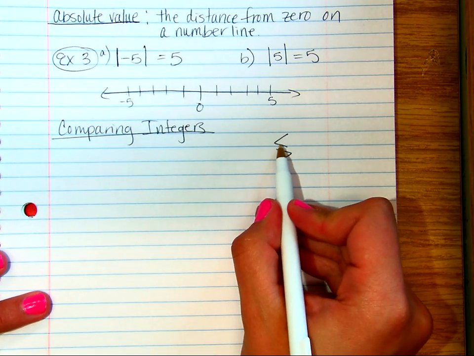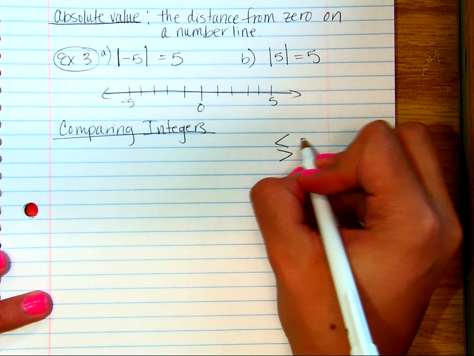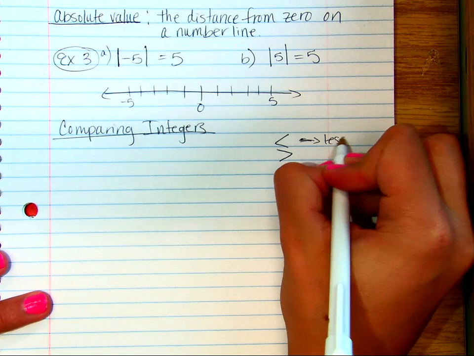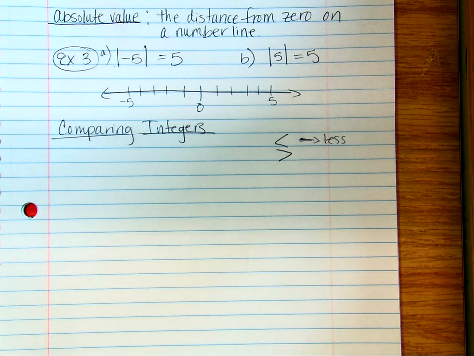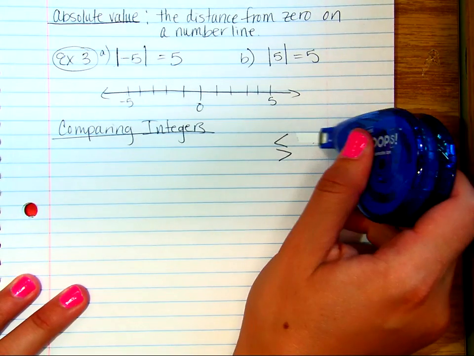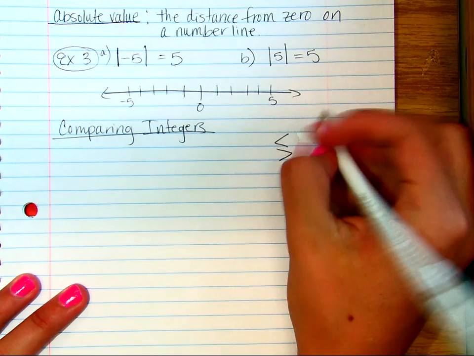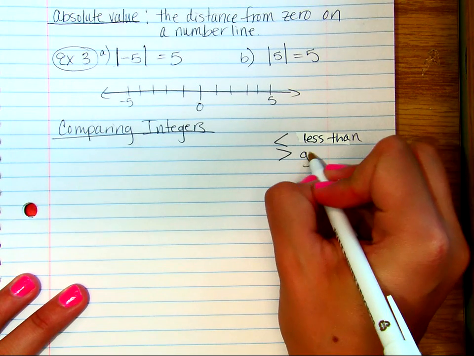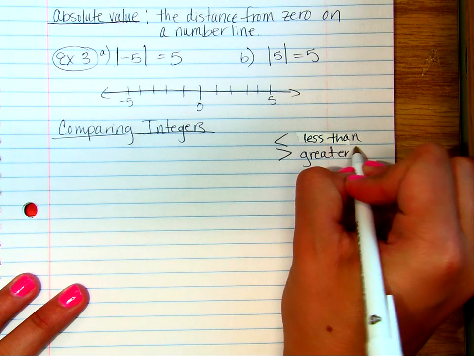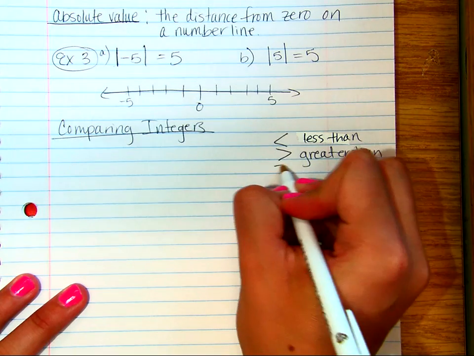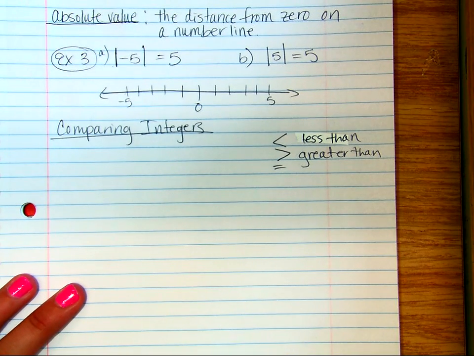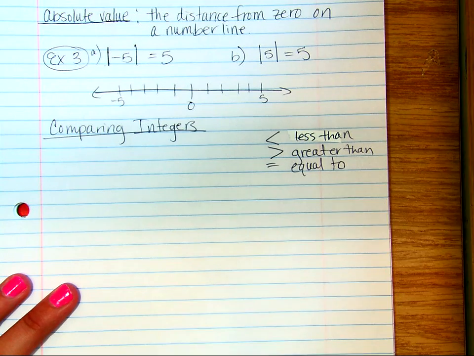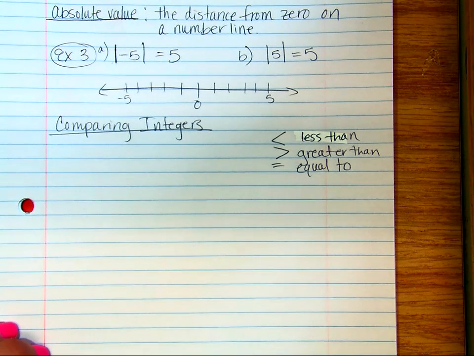This one means less than. This sign is a greater than sign. Sometimes two numbers might be equal, so that is the equal sign. This means equal to. All right, so we'll need those when we're comparing integers.